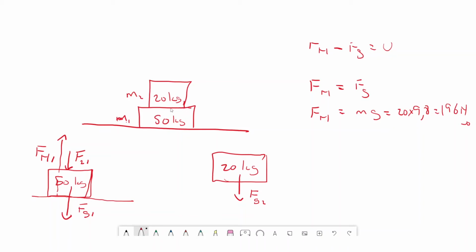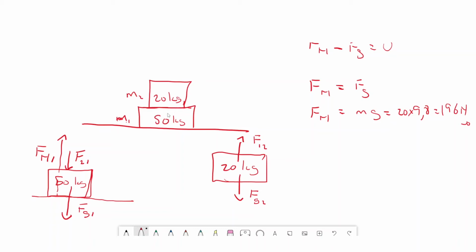You can see there's a surface here under the 20 kg. That's why 20 kg is not falling down, which means that it is feeling a force, which is F1 on 2, basically. So it's feeling a force that is applied by this box, but it's being applied upward. And those are the only two forces that are keeping this box from going down.